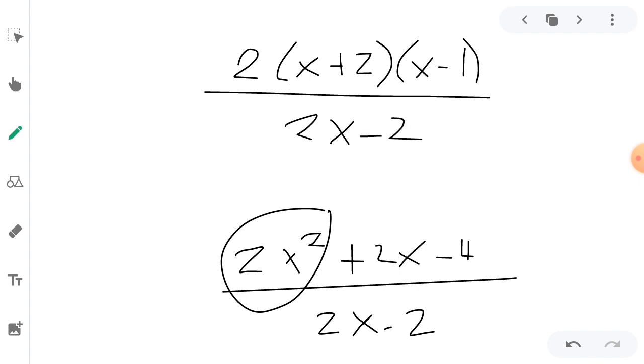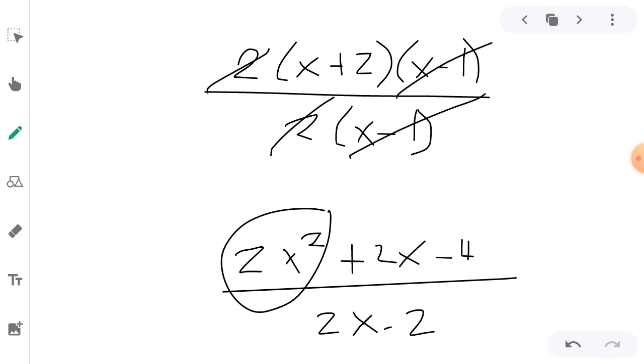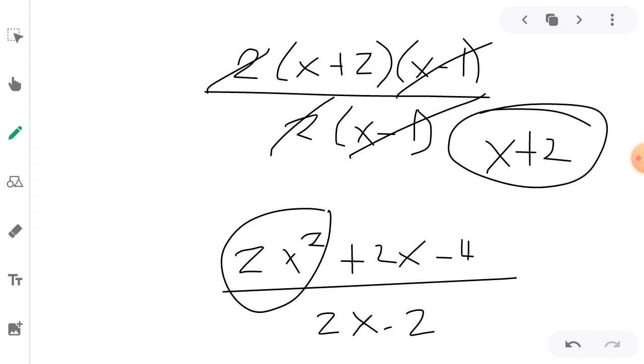Factor natin si 2x minus 2, magiging 2 times x minus 1. 2 times x is 2x, and then 2 times negative 1 is negative 2. And then mag-cancel method na tayo. 2 cancel, x minus 1 cancel. So the answer here is x plus 2.